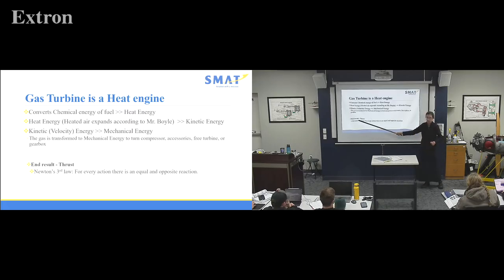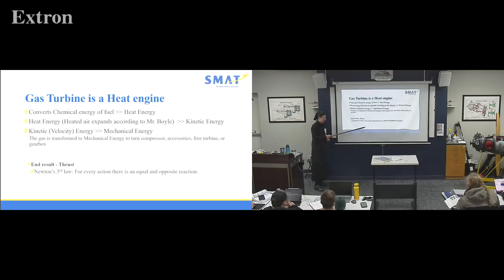So the gas is transformed into mechanical energy. The turbine then turns the compressor, the accessories, the free turbine, or the gearbox, the prop, maybe the rotor blade, all the fun things. And the end result is thrust.